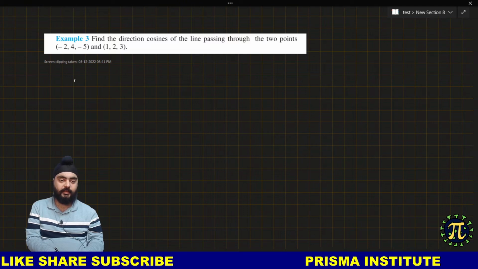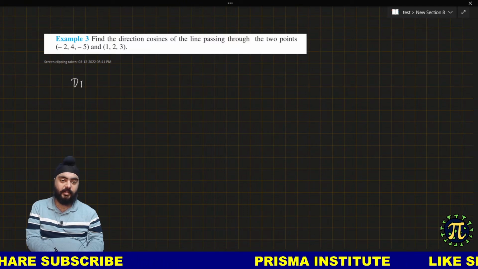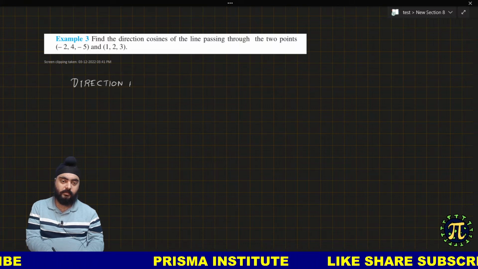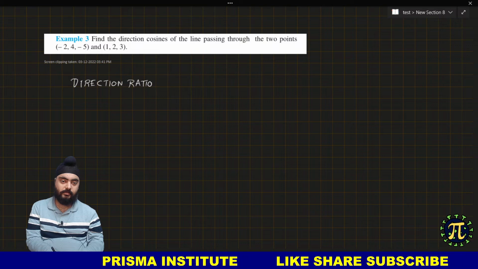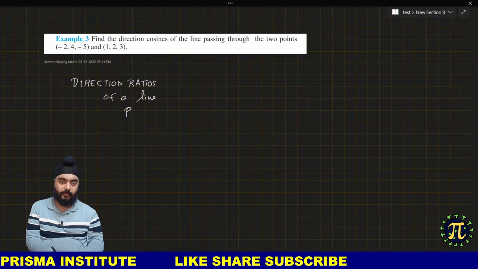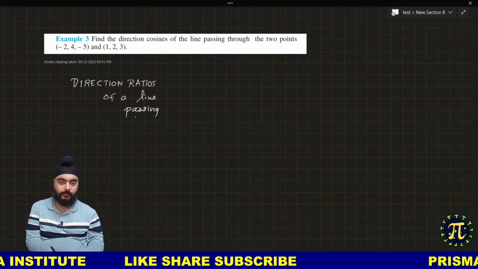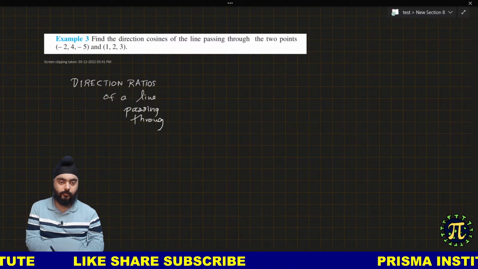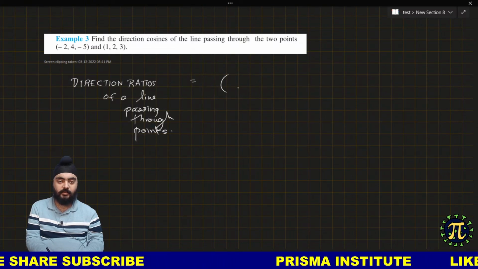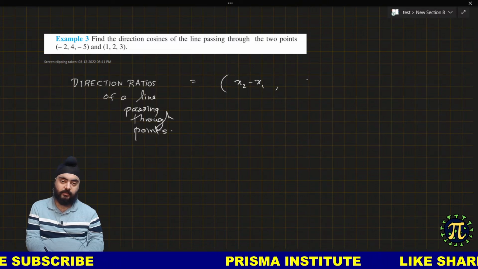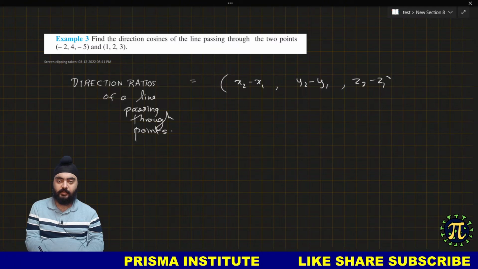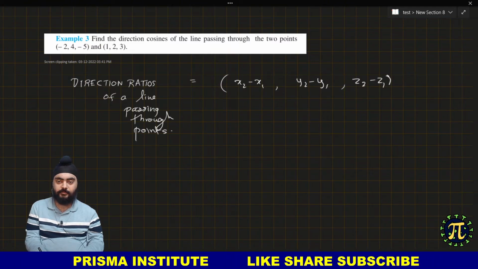So what do we find first? We find the direction ratios. So the direction ratios of a line passing through 2 points, what are they? These are x2 minus x1, comma y2 minus y1, comma z2 minus z1. And I should also keep plus minus outside.